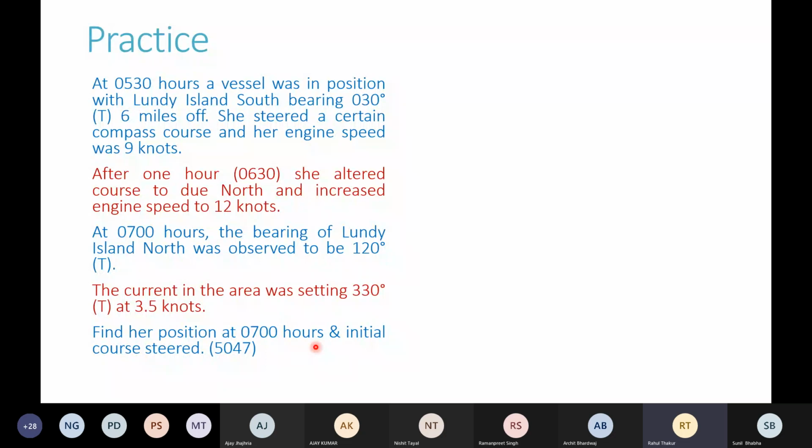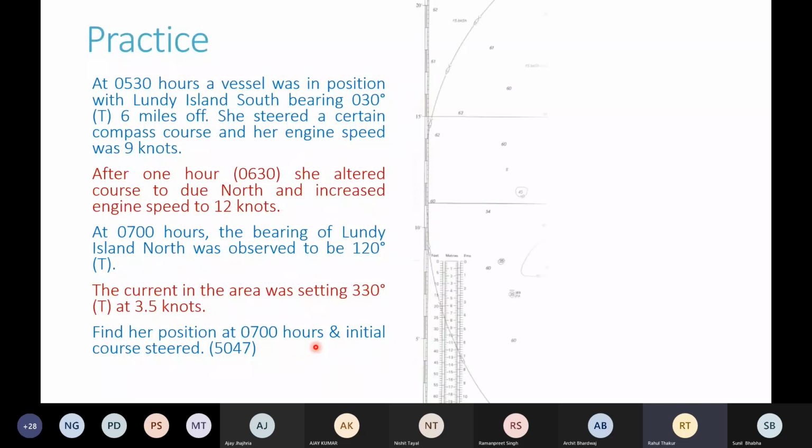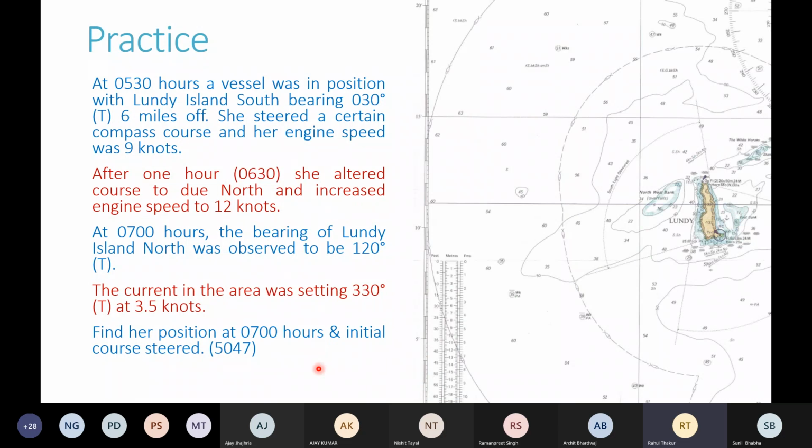So let's open up the chart of the area and see how we proceed ahead and follow the concept which we have learned. We have the area displayed on the screen now. Let's first identify these lights which are mentioned in the question.